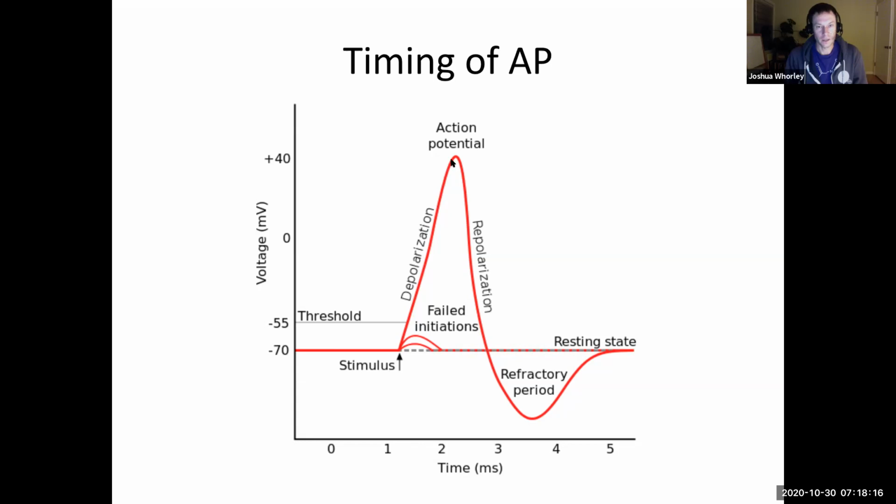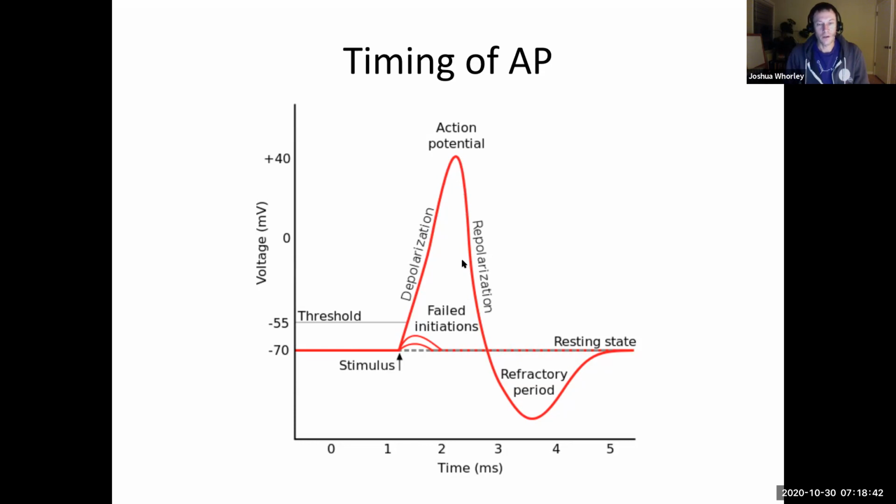That reaches its peak right here. The sodium influx and potassium channels then take over. So at this point we had the rapidly opening sodium channels, and about this peak is when they start to close. It's not all at once, but they're all closing right about this same time. And that's right about when potassium channels get fully open.